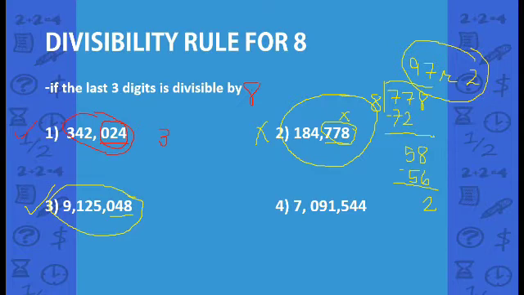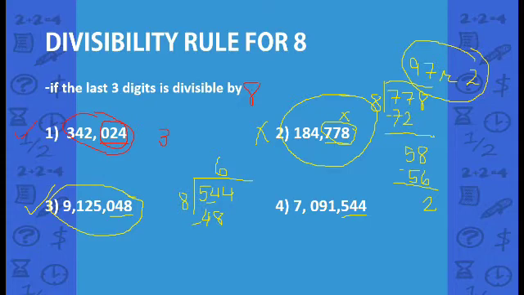Last, number 4, 7,091,544. So, the last three digits are 544. So, we will divide 544 by 8 and let's see if we'll get exact answer. So, 544 divided by 8. Let's start with 54 divided by 8. 54 divided by 8 is 6. Okay. 6 times 8 is 48.